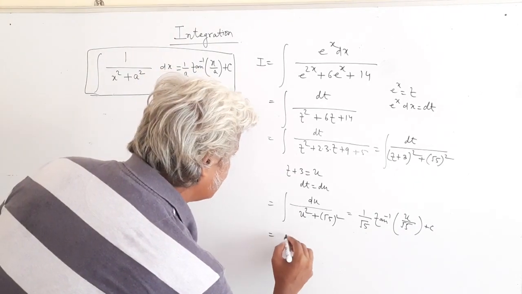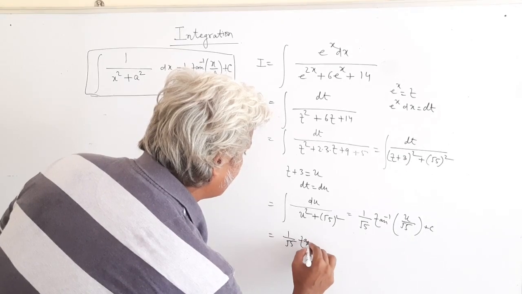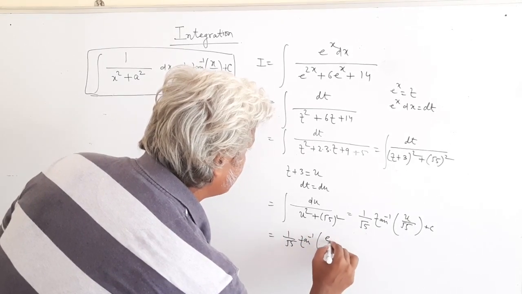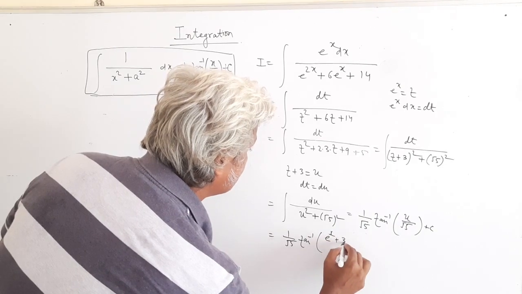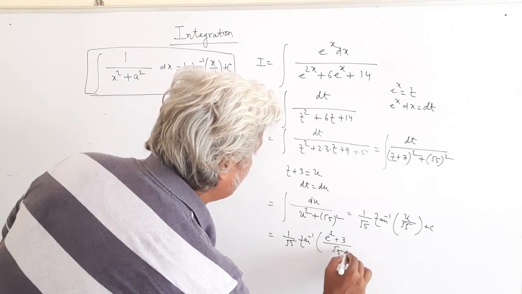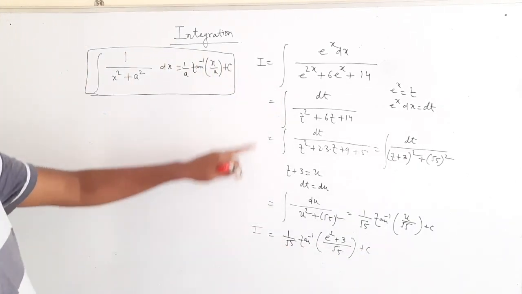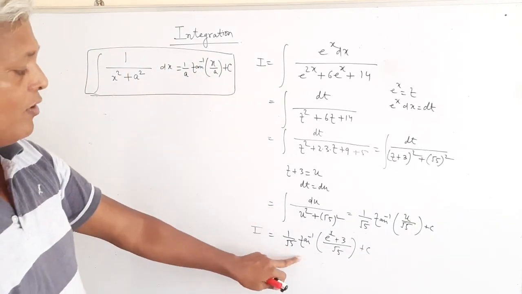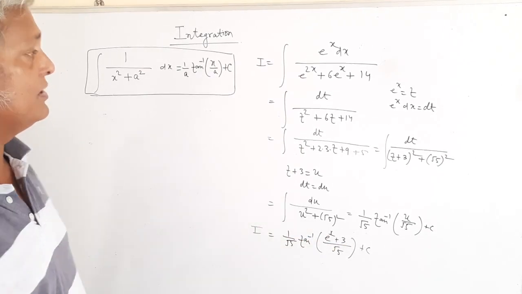So our answer will become 1 over root 5 tan inverse e to the power x plus 3 over root 5 plus c. This is your I. Means the integral of this is 1 over root 5 tan inverse e to the power x plus 3 over root 5 plus c.